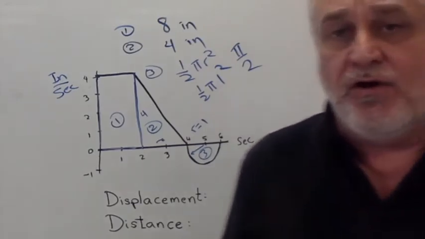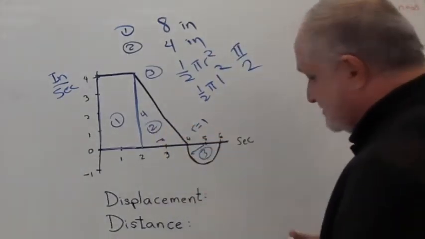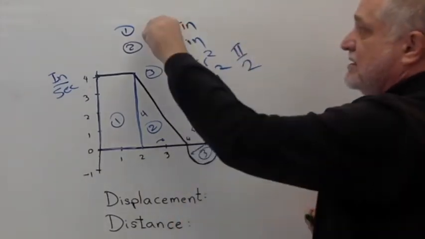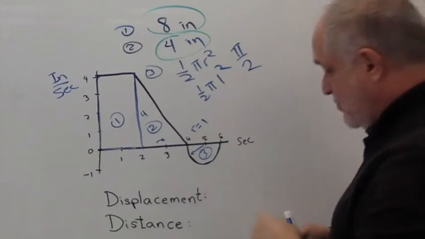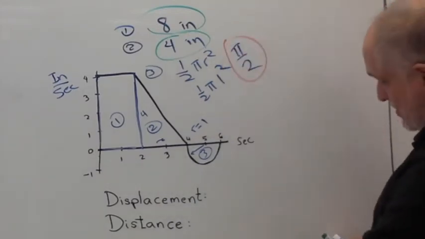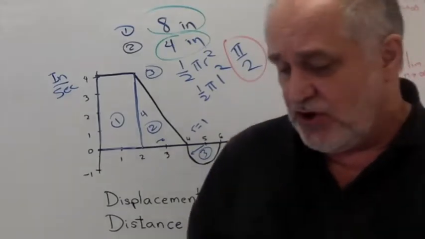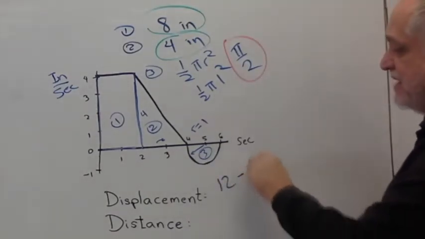Okay, so where are we after 6 seconds? Well, we moved forward 8, and then we moved forward another 4, and then we moved backwards pi over 2. So our displacement from where we started is actually going to be 12 minus pi over 2.